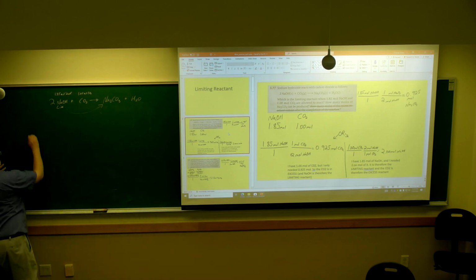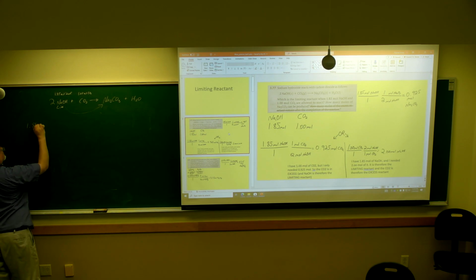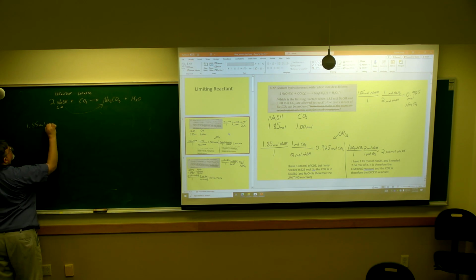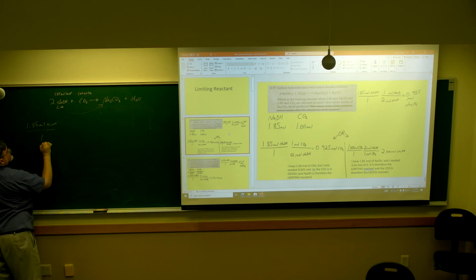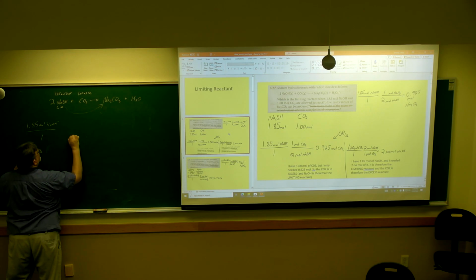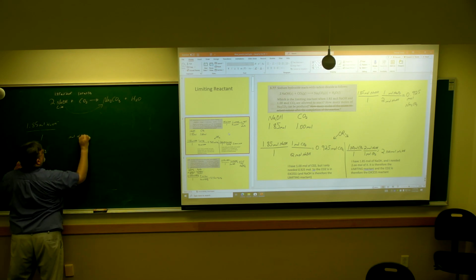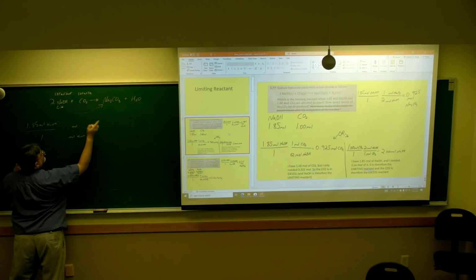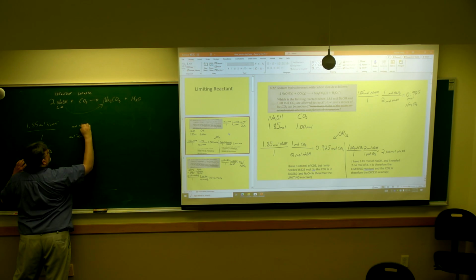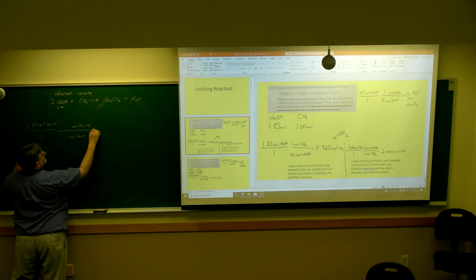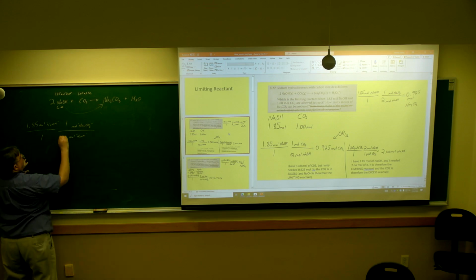I've got 1.85. And the relationship I want is moles of NaOH to moles of Na2CO3. So it's 1 mole of this to 2 moles of that.